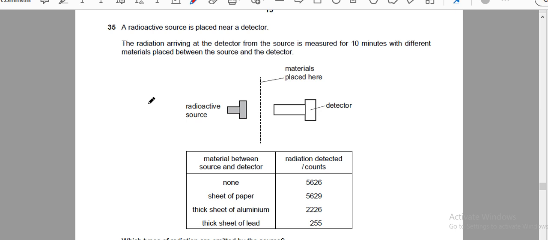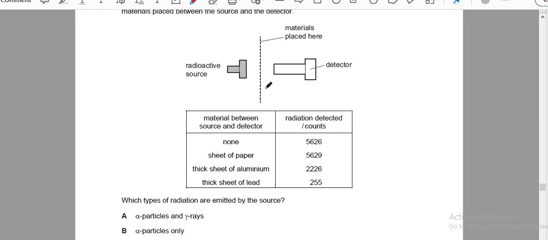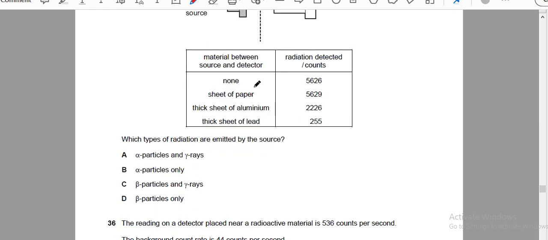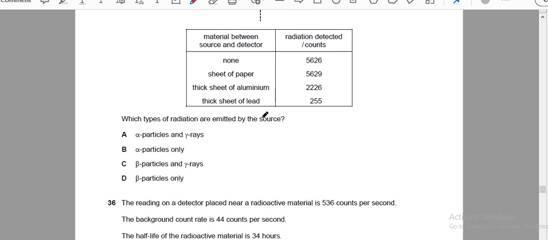Source and detector and the different materials between source and detector, and 10 minutes we have in case of no material this count reading. For sheet of paper, for thin sheet of aluminum and thick sheet of lead, what types of radiation is this reading like that?